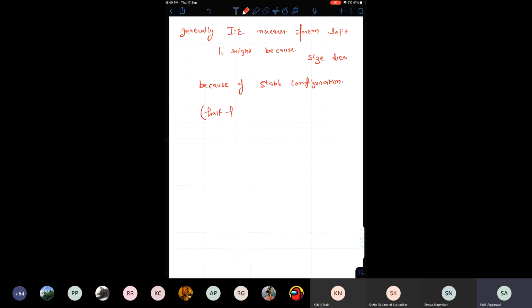Half filled subshell, group 15 elements require extra energy.